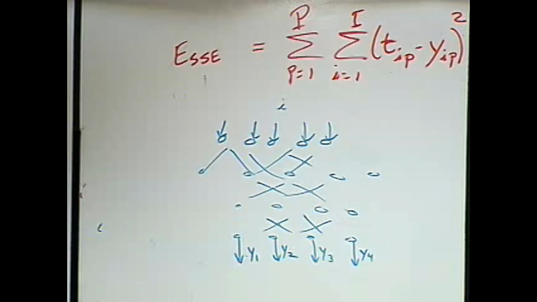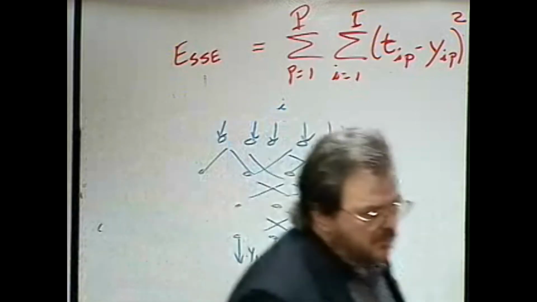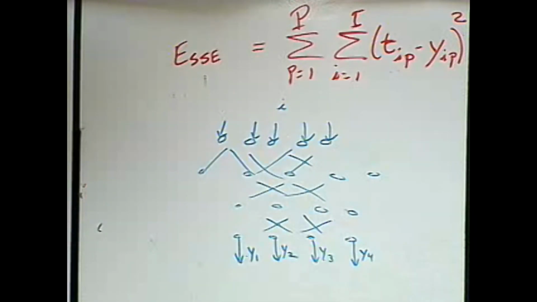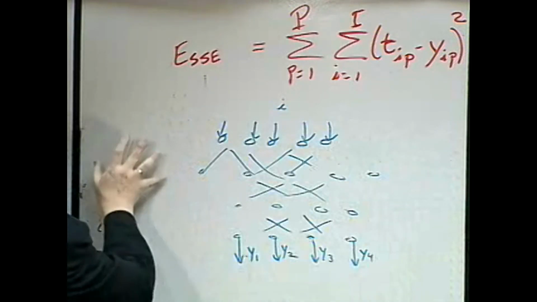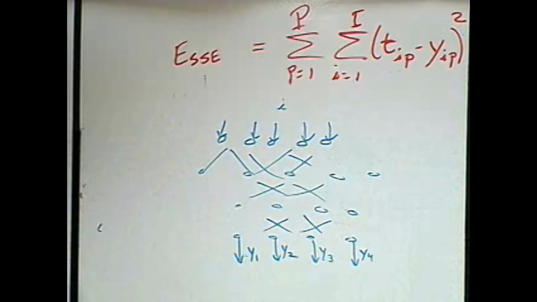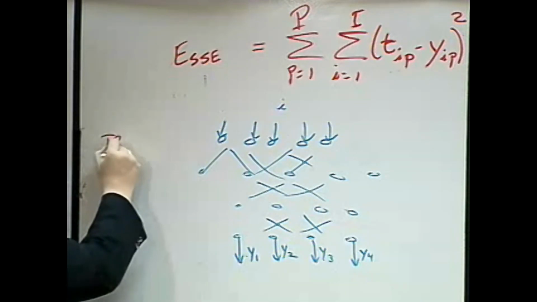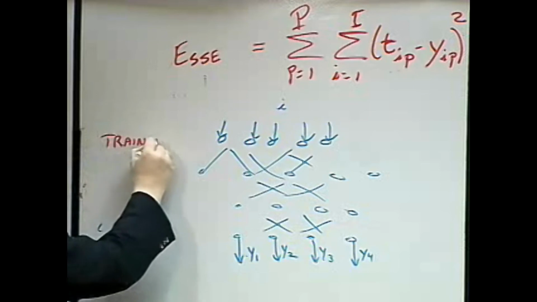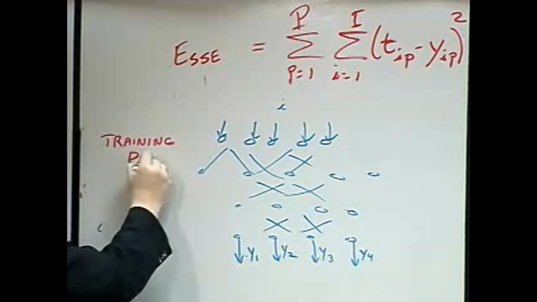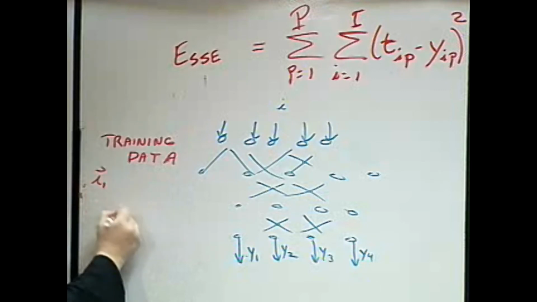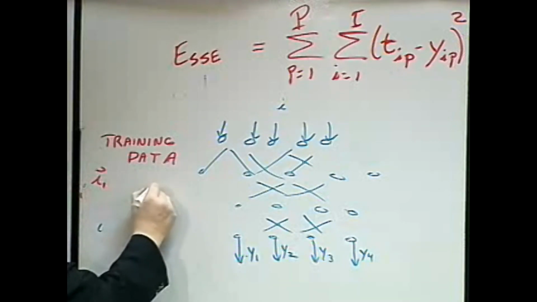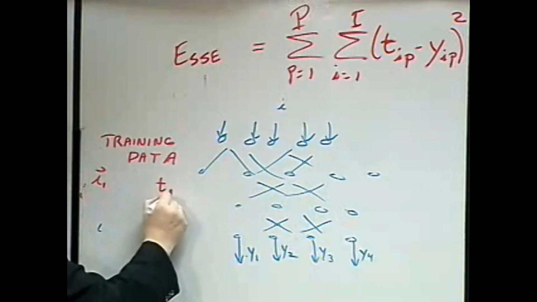We are assuming that P is the patterns in the set. To train this neural network, we have a list of training data. We have I sub 1 should give a result of target 1.